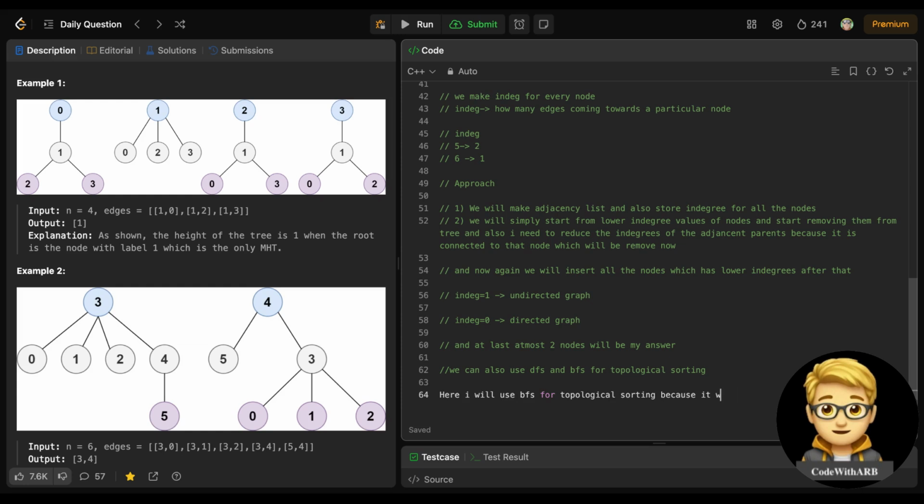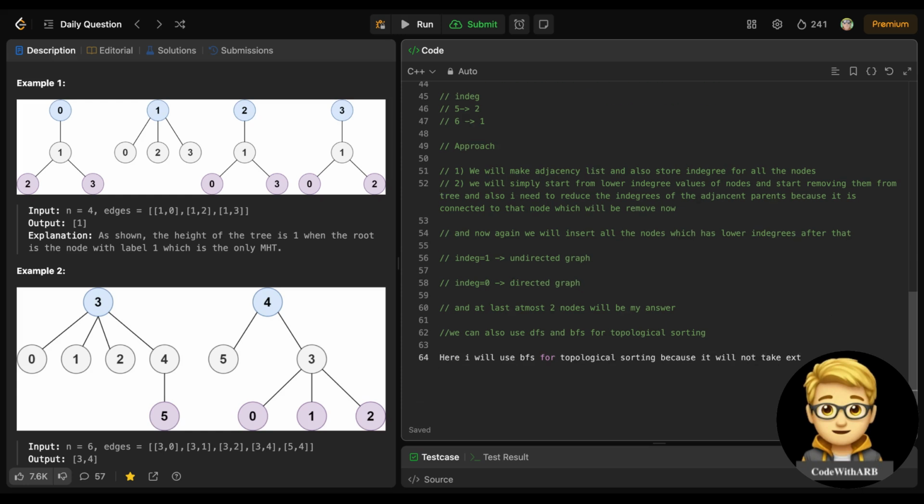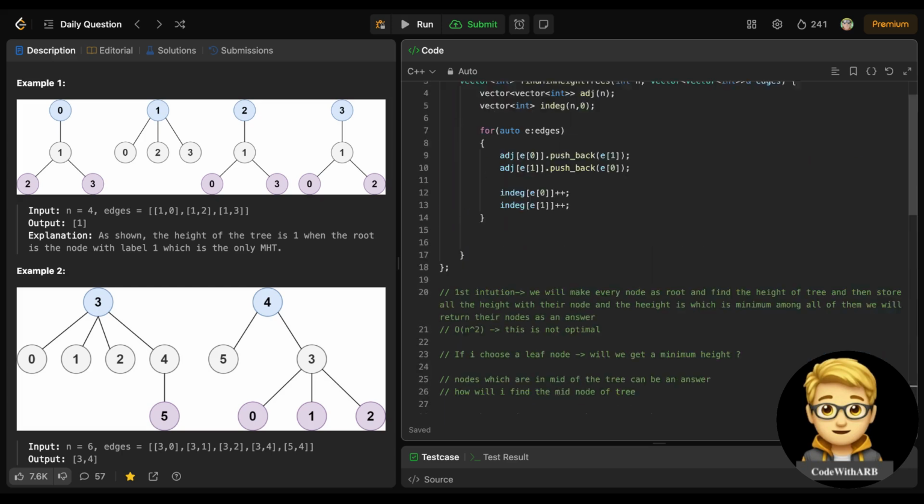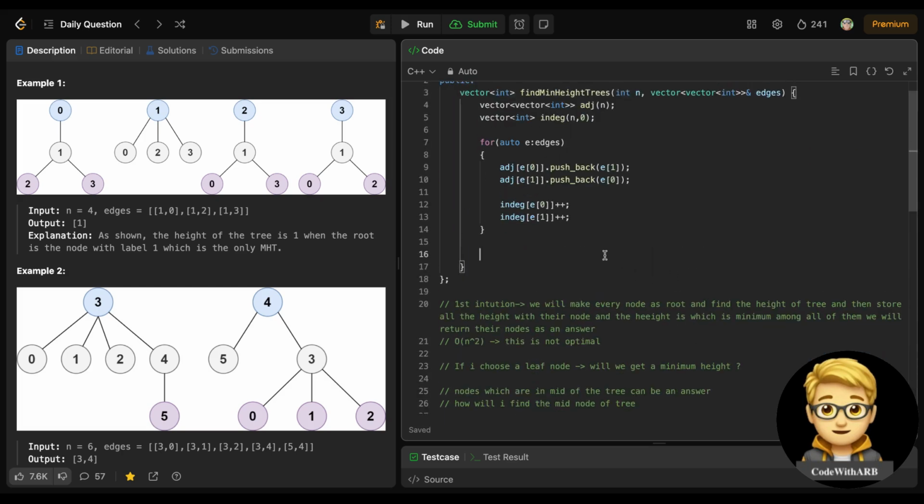It will not take extra recursion stack space, right? So let's see how we will use the queue data structure here. For BFS you mainly use a queue data structure, right? So we will use a queue.